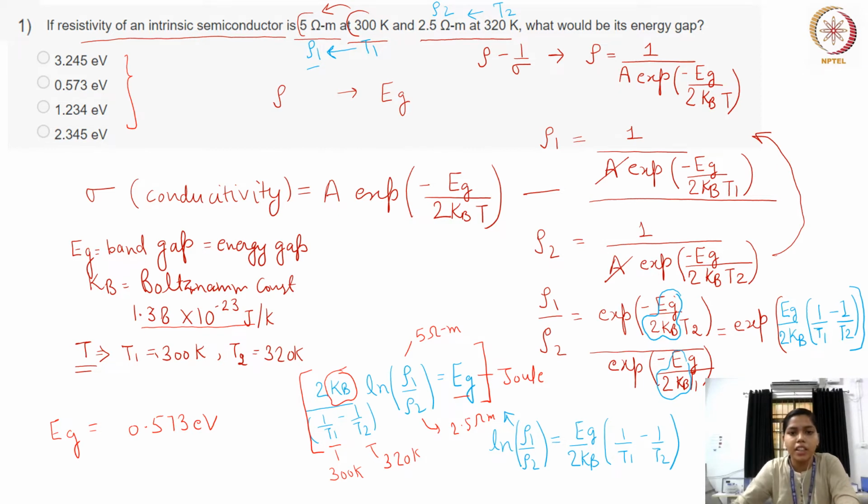So whatever energy value we get here, we divide by 1.6 into 10 to the power minus 19 to convert it into electron volt. So after calculating, the answer will be 0.573 electron volt, which is option number 2. So this is the correct answer for this question. So is this clear?